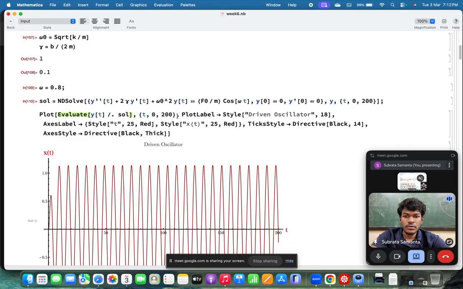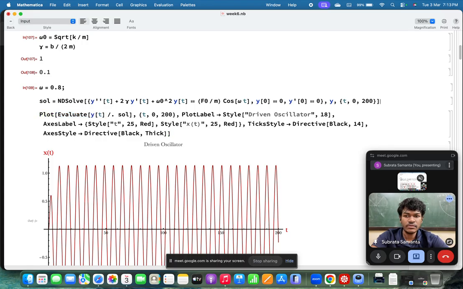So you evaluate y t at the solutions, using slash dot sol, and we plot this from 0 to 200, because this is a function of t. We extract y t from these solutions as a function of t, because this is an interpolating function.